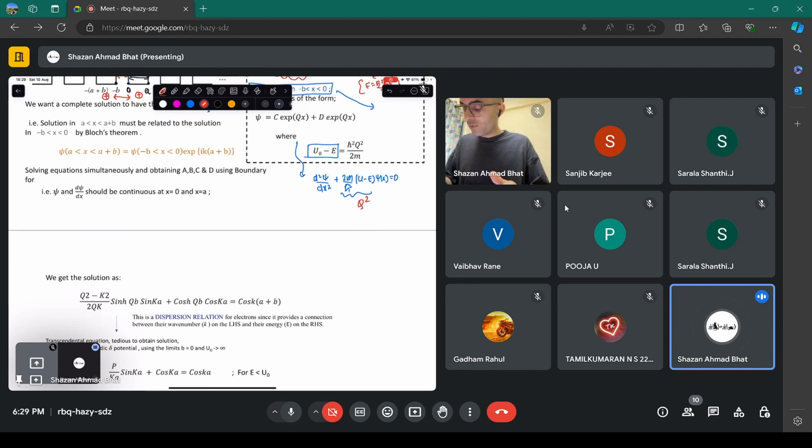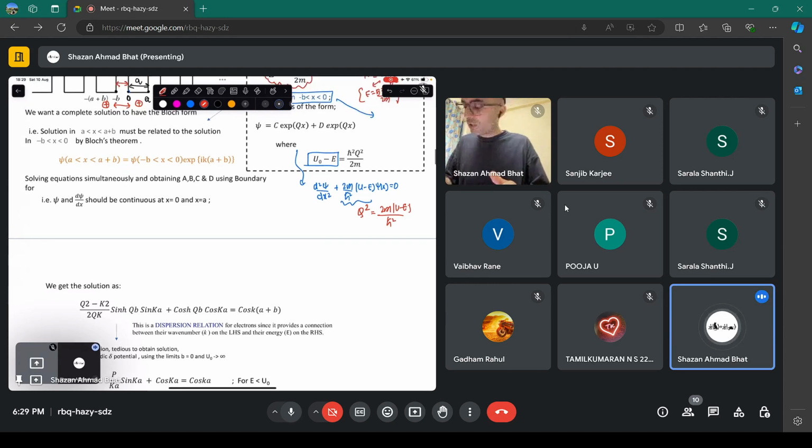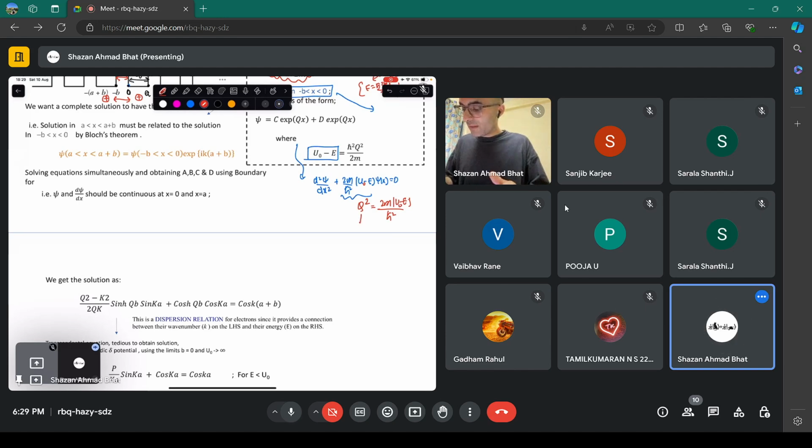Then Q square is equivalent to 2m (U minus E) divided by h bar square. Since I have used U naught, I will put U naught here. That means U naught minus E is equivalent to h bar square Q square divided by twice m. This is what you are now seeing on your screen.